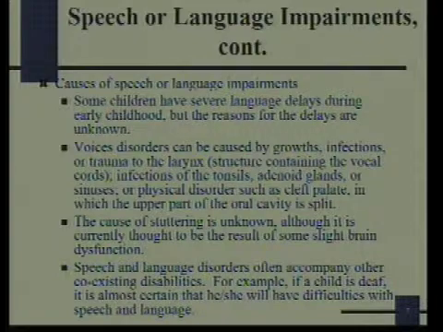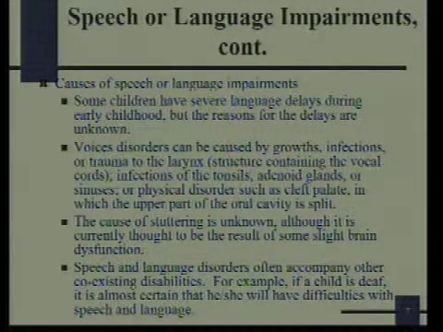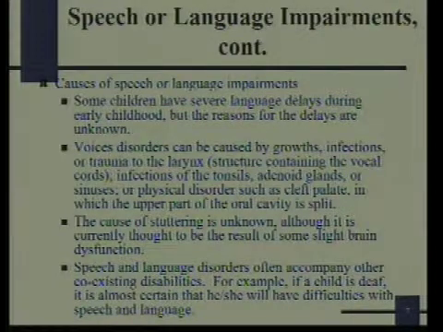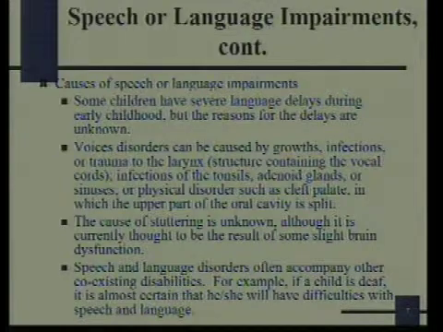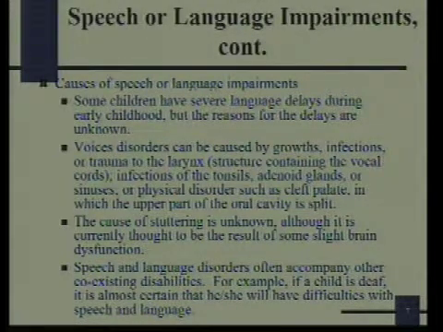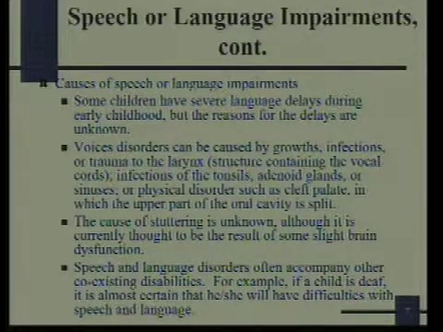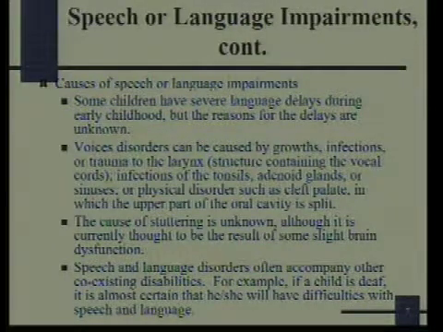The most current line of thinking is that stuttering is the result of some very slight brain dysfunction that we can't identify yet. There are lots of places in the United States, particularly one in Tennessee I think is very noteworthy, that have come a long, long way in treating stuttering.